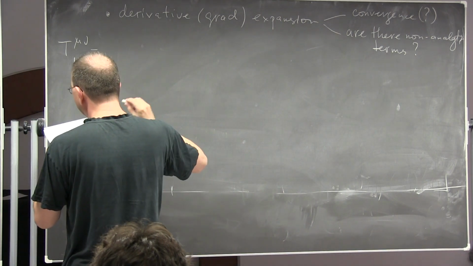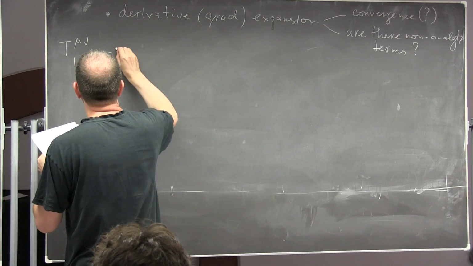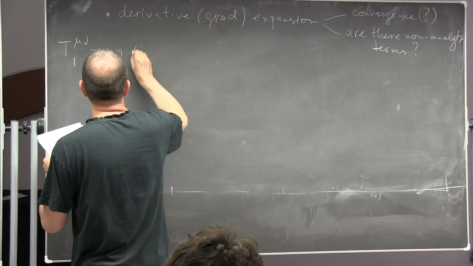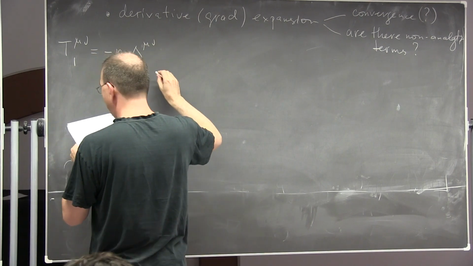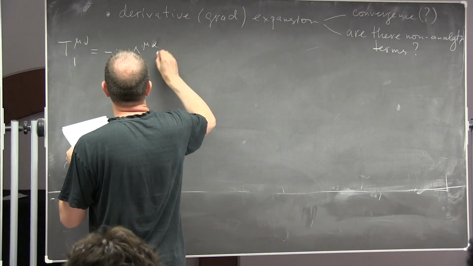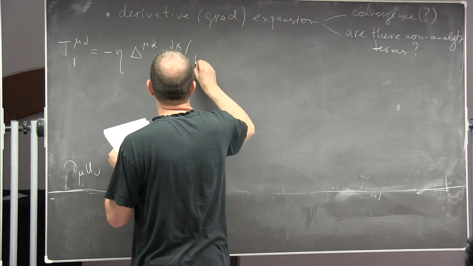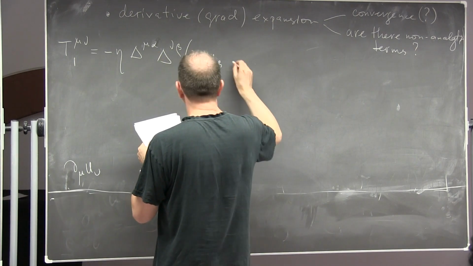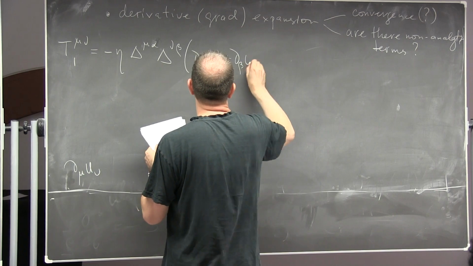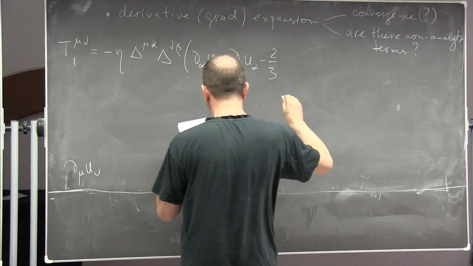So T1 will have two pieces. One is, so there is a coefficient of proportionality, and then there is this projector. Delta mu alpha delta nu beta, and here you have this gradient d alpha u beta plus d beta u alpha, and I also subtract the trace.